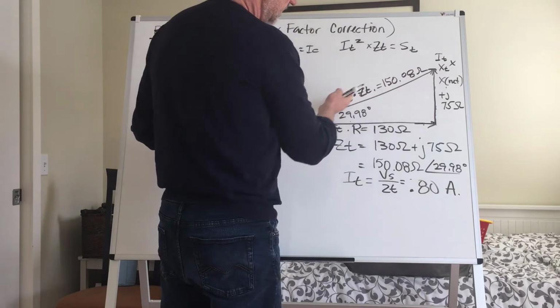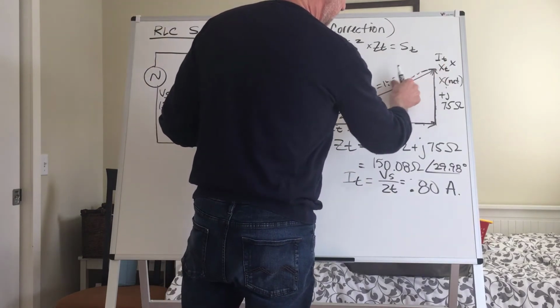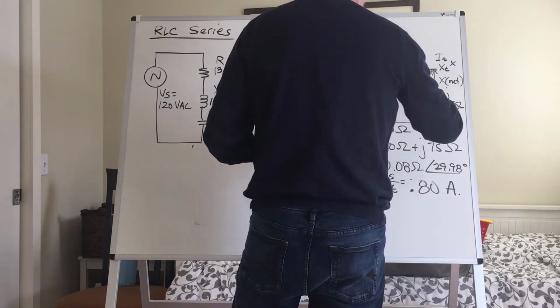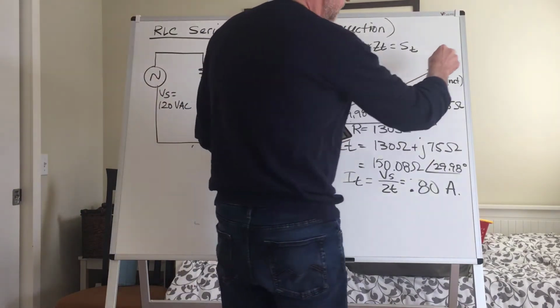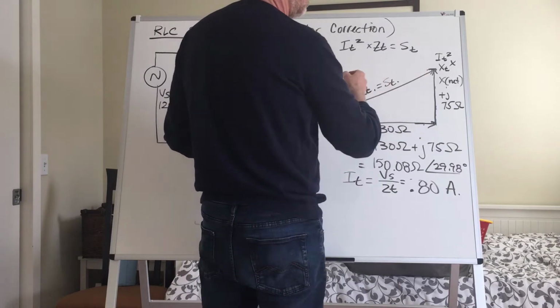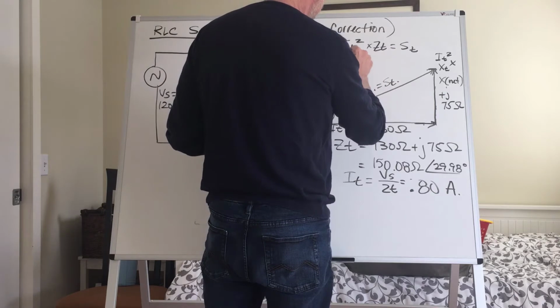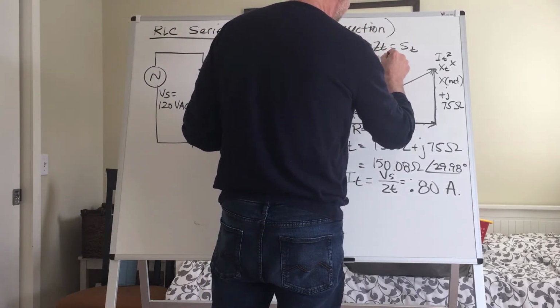I total squared times Z total is going to equal our total VAs. So this will equal S total, right? Over here, I total squared times X total is going to equal our QL net value.